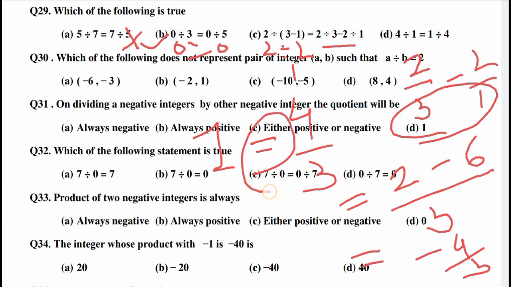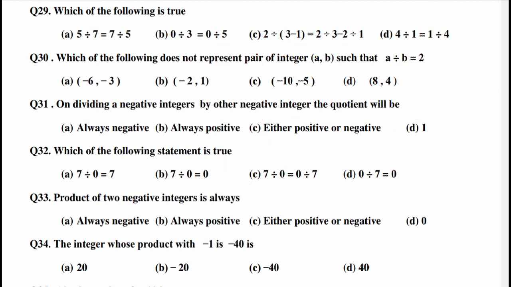Now both are not equal, right? That means this equation is wrong. D is 4 divided by 1 is equal to 1 divided by 4. That is also wrong. So the correct answer is B, because both sides are 0 and they are equal.